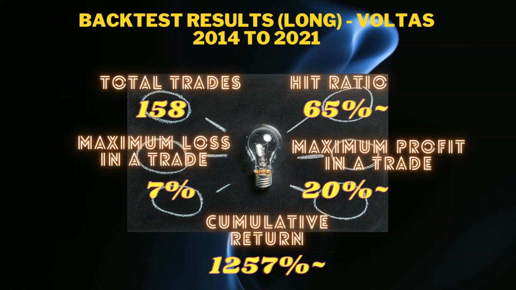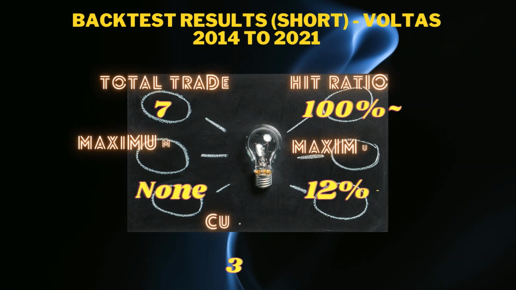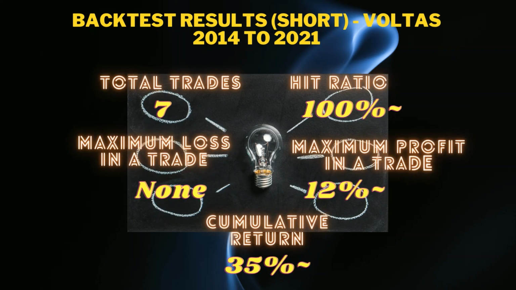The maximum loss in a trade and maximum profit remained the same. The cumulative return jumped up by over 80% to touch 1,257%.